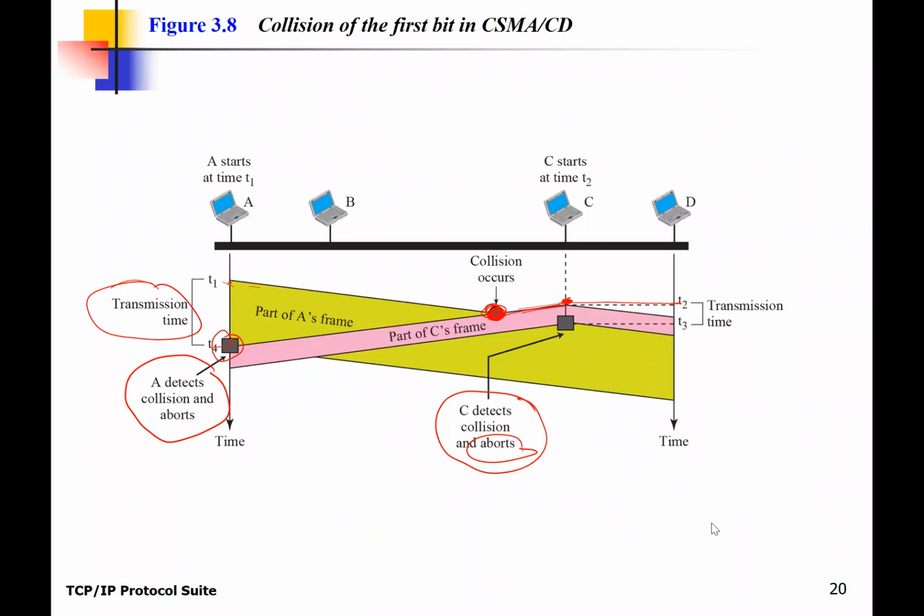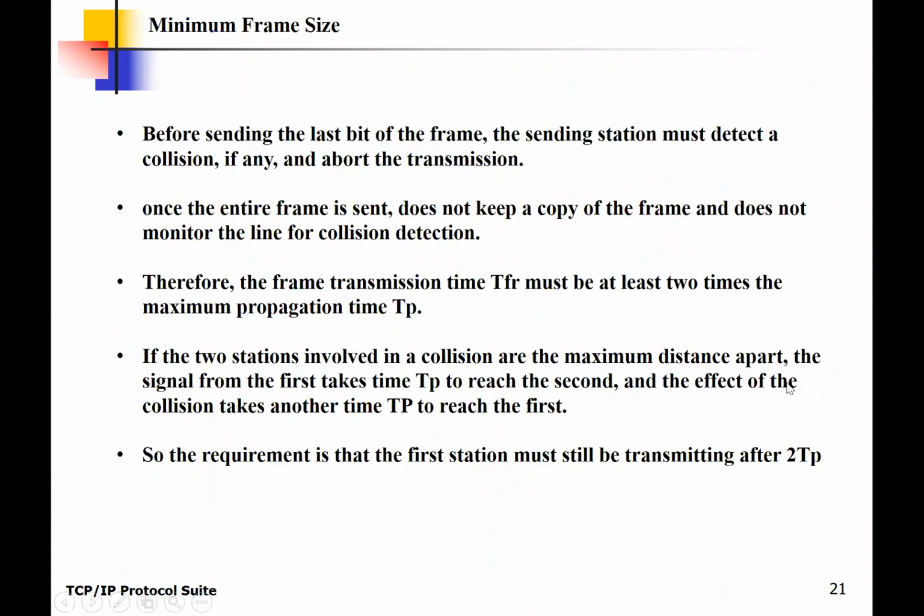Because when you send data and the collision is detected, the signal comes back to A, and it takes one propagation time, then another propagation time. So if I finish before two propagation times, I will not know there is a collision. I will assume I'm finished. So that's why, if you remember, we mentioned the length of the data has to be a minimum of 46. Why? Because of this equation.